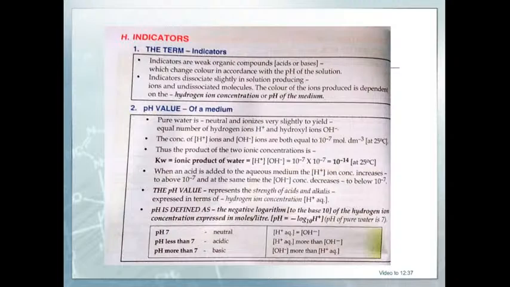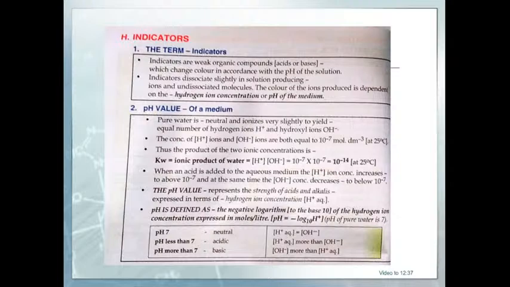So since both are equal in number, the Kw, the ionic product of water, will be 10 to the power minus 14, and they cancel the effect of each other and the substance will become neutral, because H plus ions are responsible for giving acidic behavior and hydroxide ions are responsible for giving basic behavior, right?